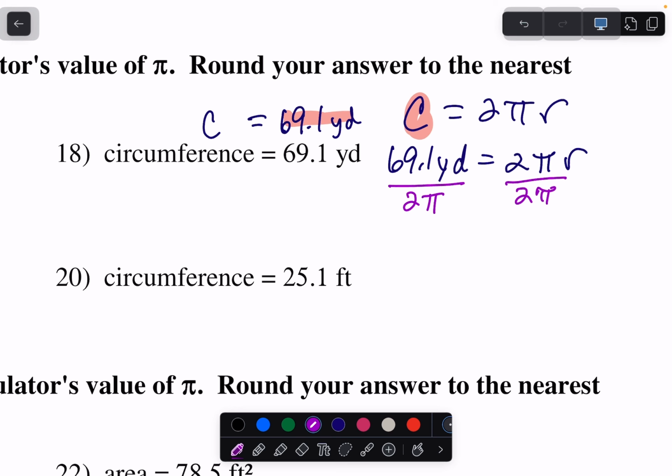Because the rules of equations say for us to solve for a particular variable, whatever it is, if you're multiplying, we are allowed to divide as long as we divide on both sides. So what we get is the following, that the radius will just be 69.1 divided by the 2 and divided by the pi.